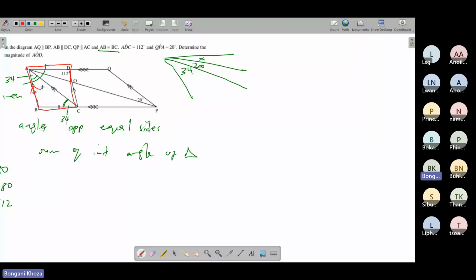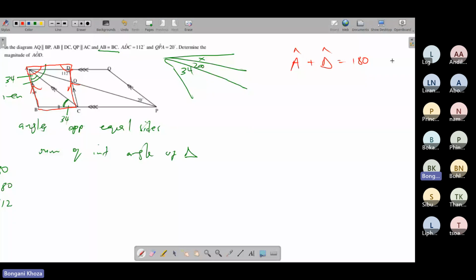So what do we call that U shape in parallel lines? What type of angles are those? Co-interior, and they add up to 180. So we can say angle A plus angle D equals 180. Let's specify the actual angle.